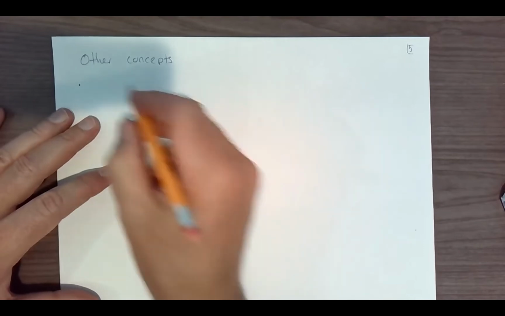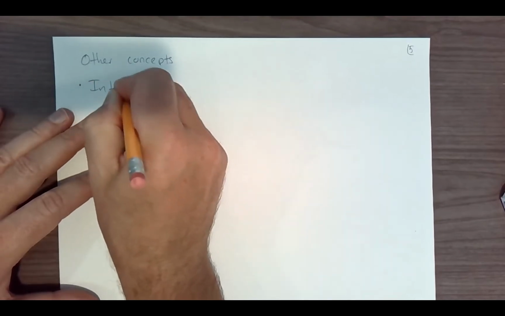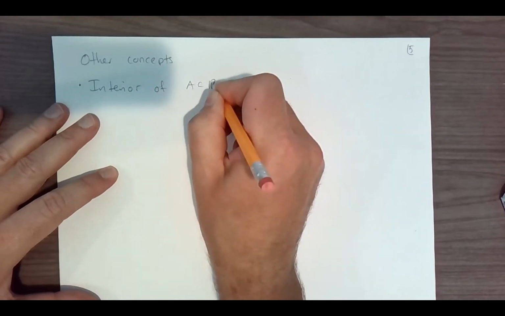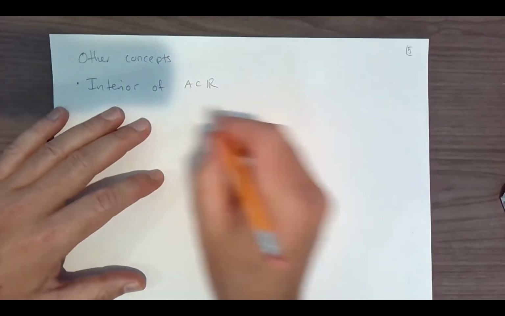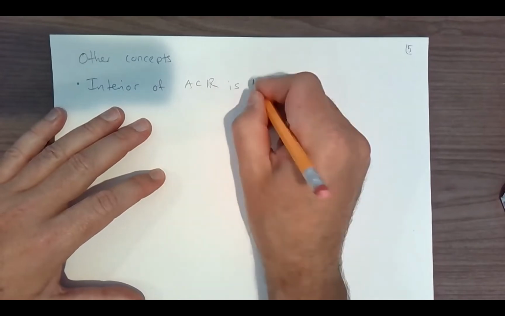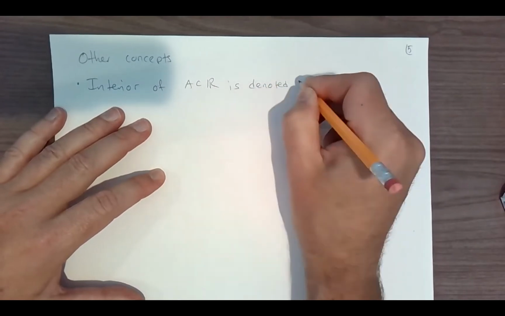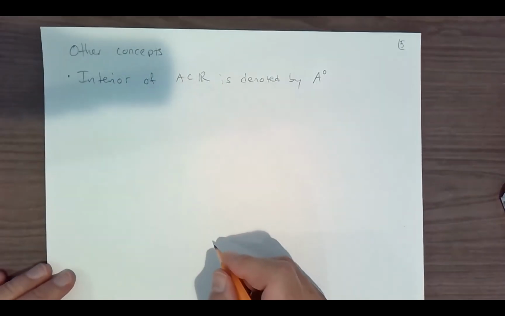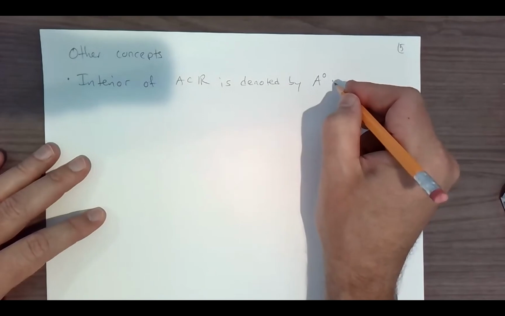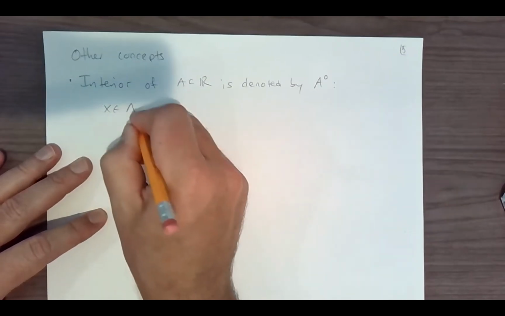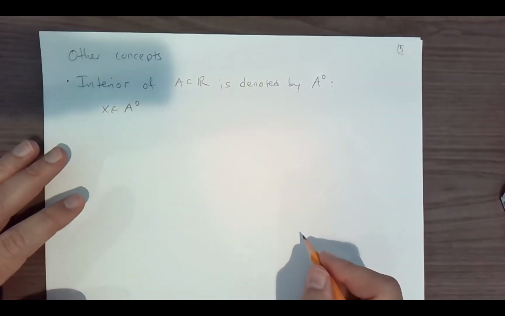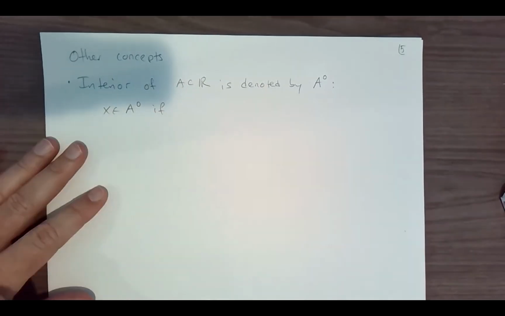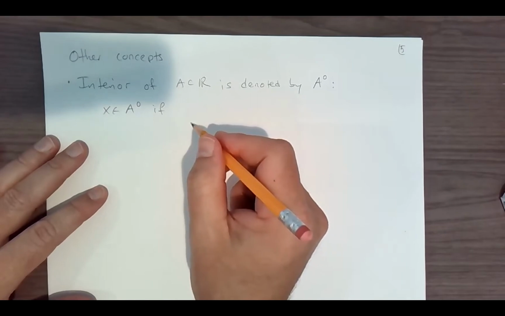There's something called the interior of a set. The interior is denoted by A and then this circle up here. So what does it mean? x belongs to the interior of a set A if I can find a ball around it.